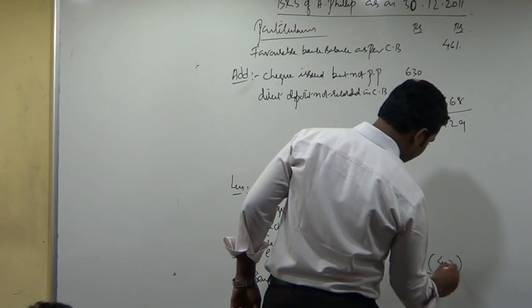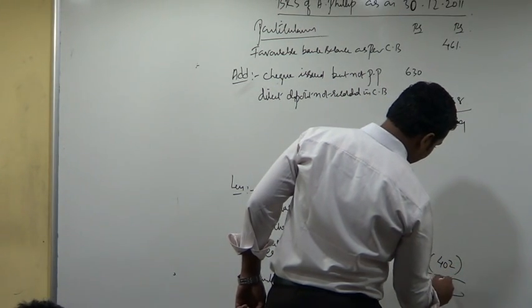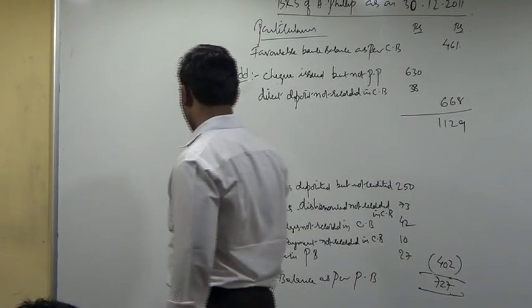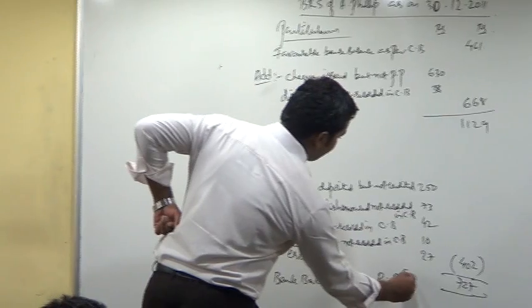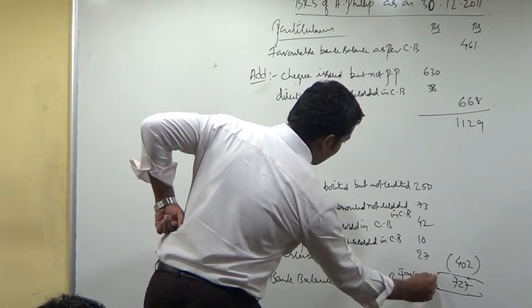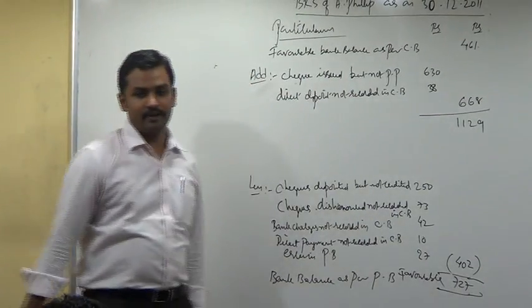Answer is positive. So what should I call it as? Favorable or overdraft? Favorable. So I'll say bank balance as per passbook, favorable. Favorable, 727 rupees.